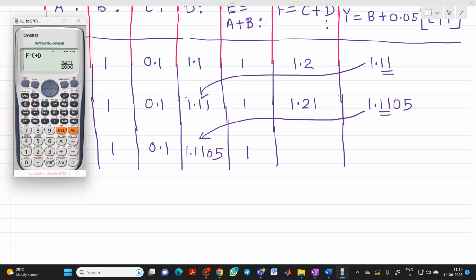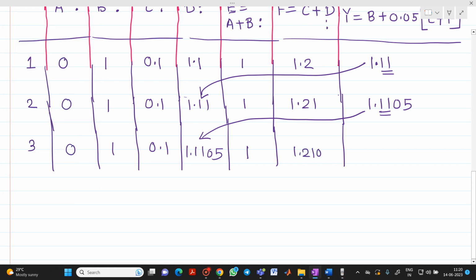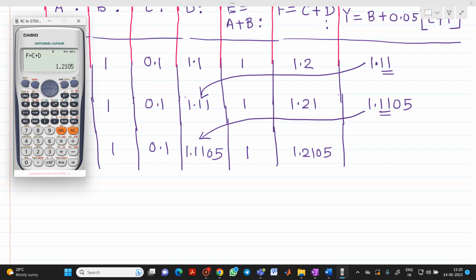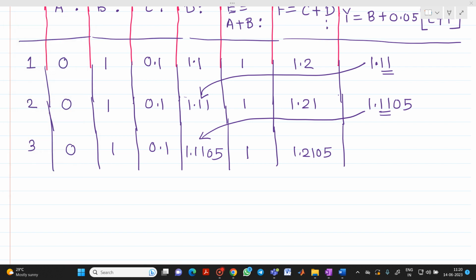And next, here we got this answer as 1.2105. And what is the value of Y? It will be equal to 1.110525. So if you go through this, the 4 digits after the decimal point are the same.